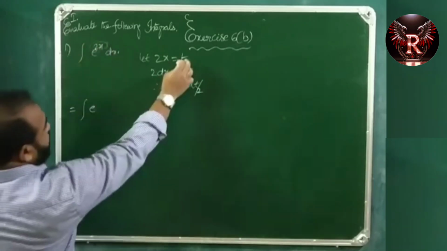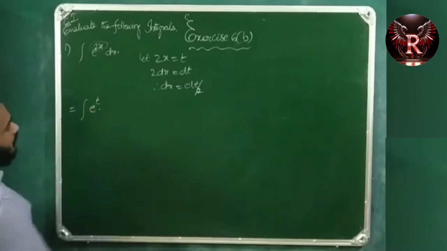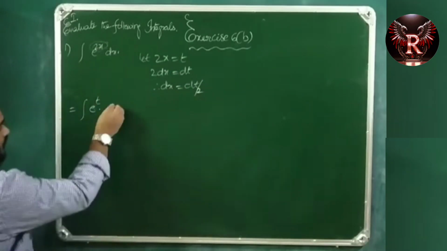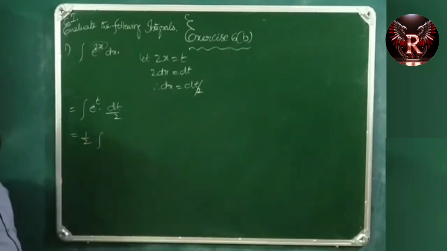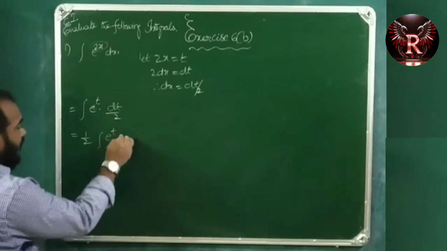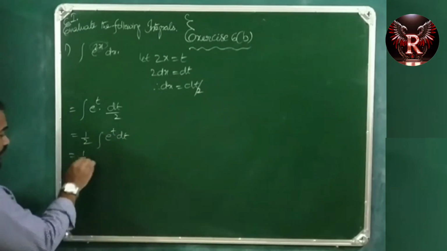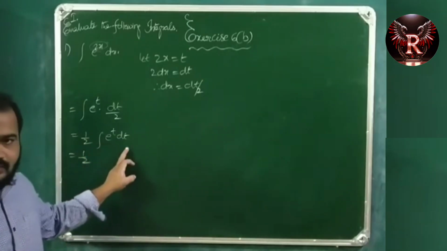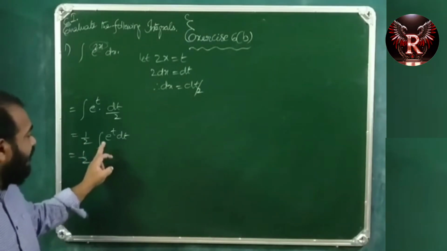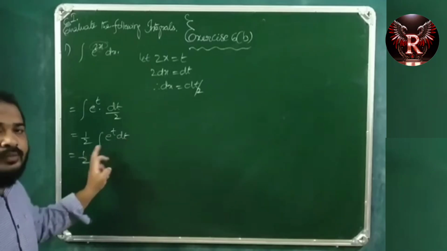So this is equals to e power 2x, that is t, into dx, which is dt by 2. So 1 by 2 I will separate from the process of integration. This is e power t dt. So 1 by 2, it has become integral e power t dt. It is nothing but integral e power x dx. What is integral e power x dx?